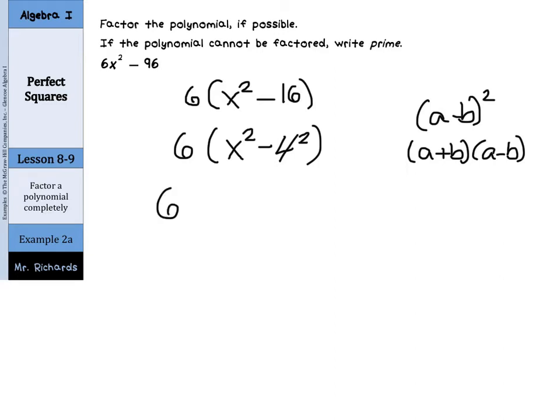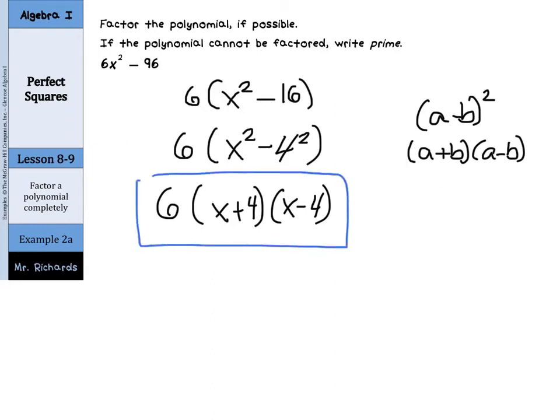So you can factor this out. 6 times the x plus 4 times x minus 4 using the difference of squares. And that is our answer. So first, we factored out the GCF of 6, and then we looked to apply the difference of squares rules, and we did so to factor our answer.